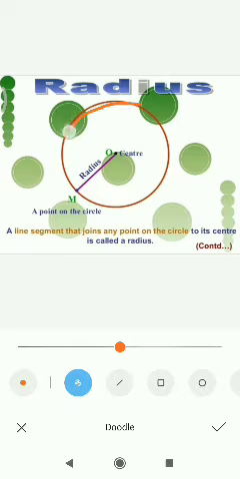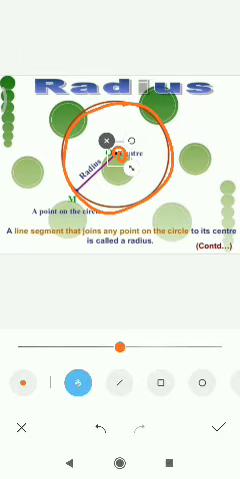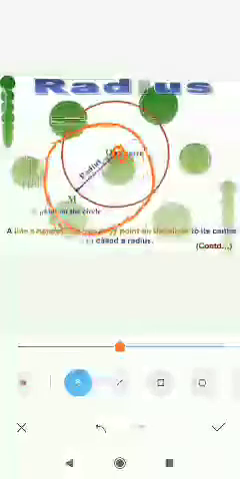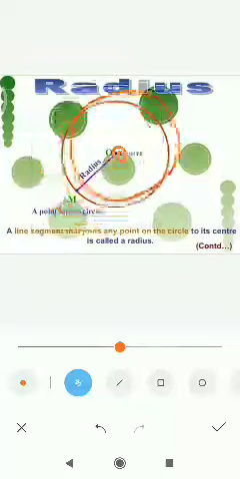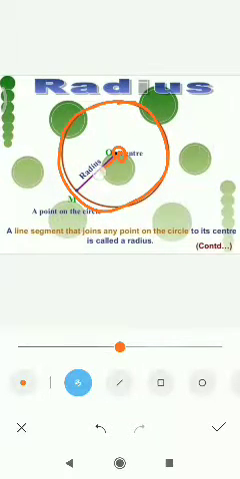You can see this is a circle and this is the center of the circle. So any line segment which joins the center of the circle to a point on the circle is the radius of the circle.